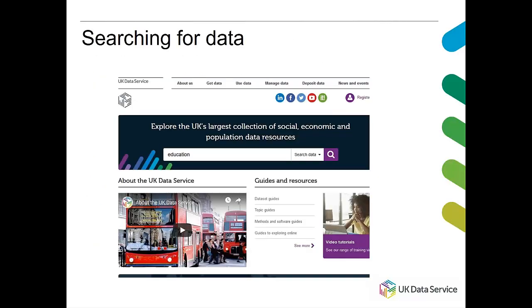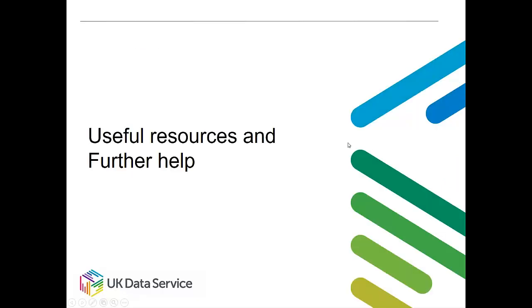Now, if you want to search for data, you'll see this white box on the home page. Just type in a keyword and click on the icon at the bottom, and it will bring you up some results. As I say, tune in next week on Thursday at 3 o'clock if you want some useful tips on how to maximise your searches.